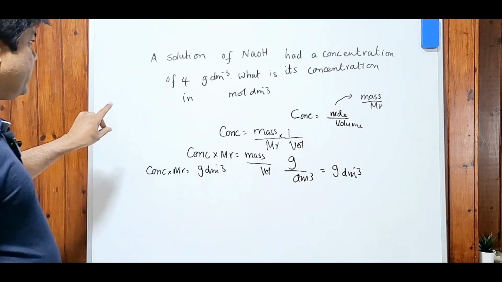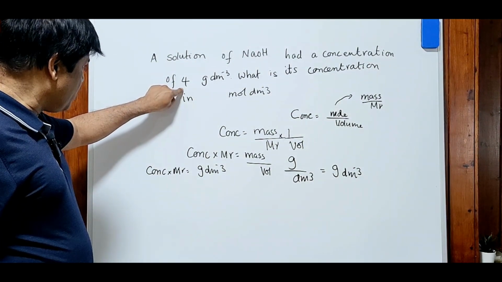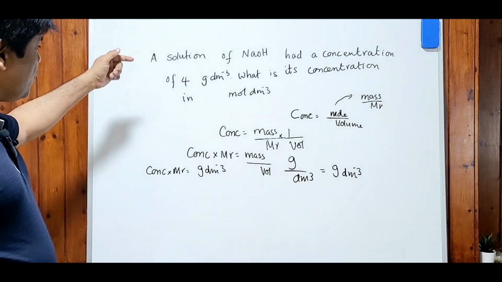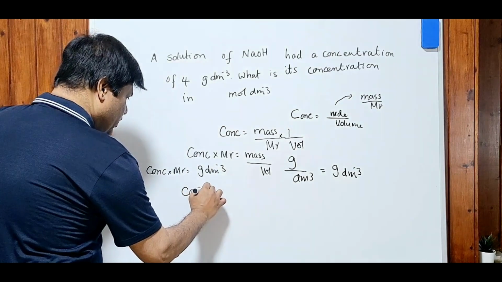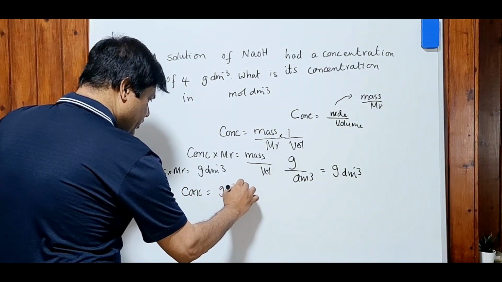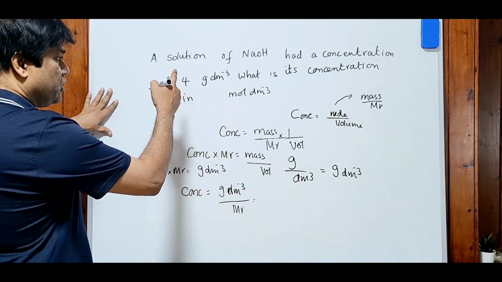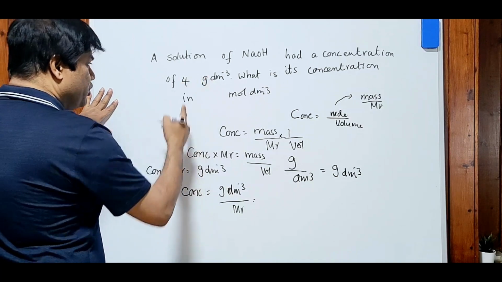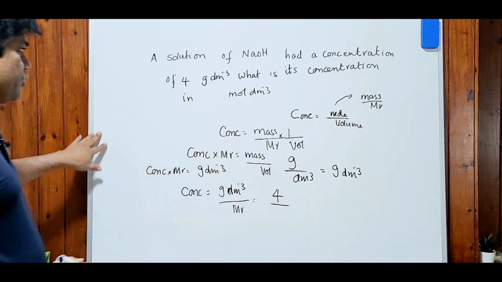What's given in that question? You have gram per dm cube and you have to convert into mole per dm cube. So in that case, you have to divide. Conc equals gram dm minus 3 divided by its Mr. The conc in gram dm cube given is 4, divided by Mr of sodium hydroxide.